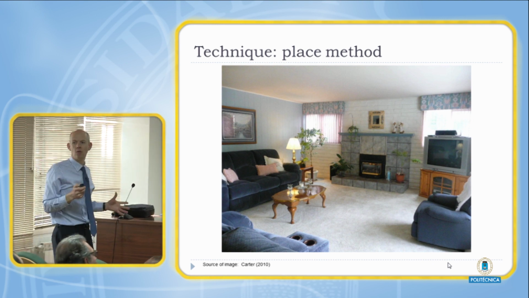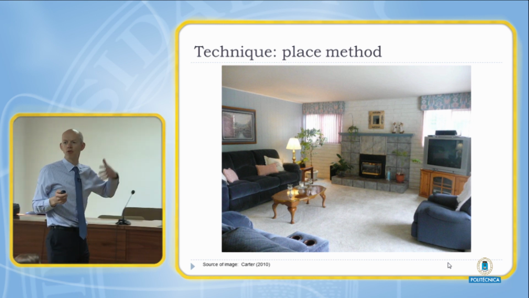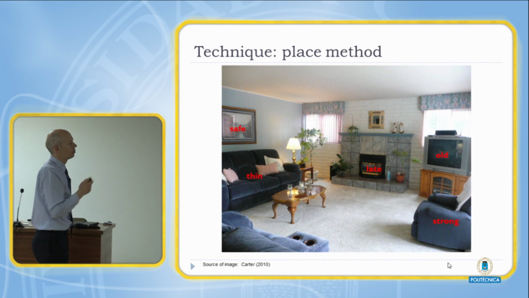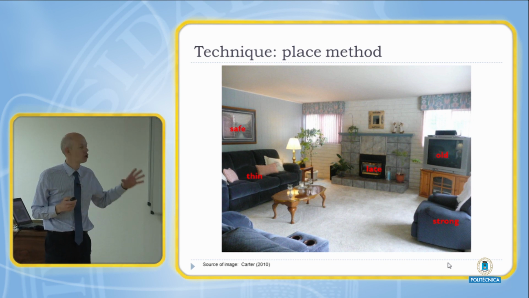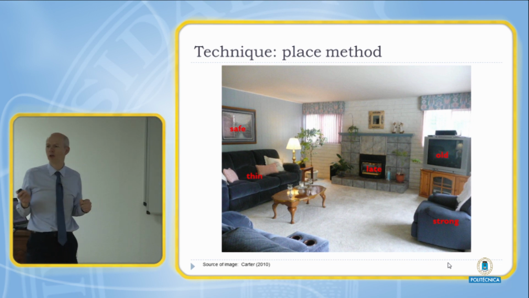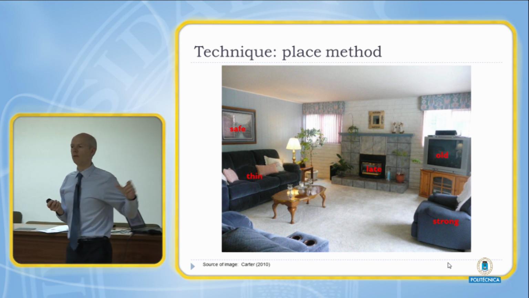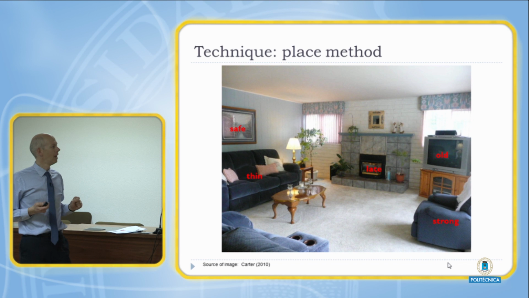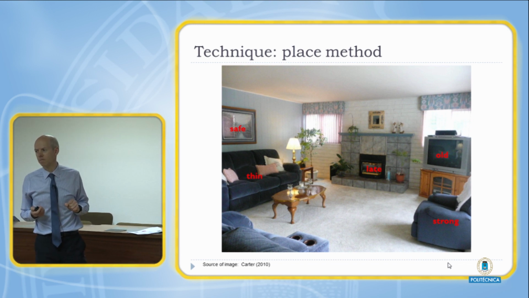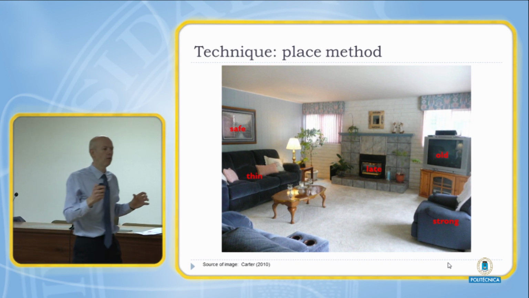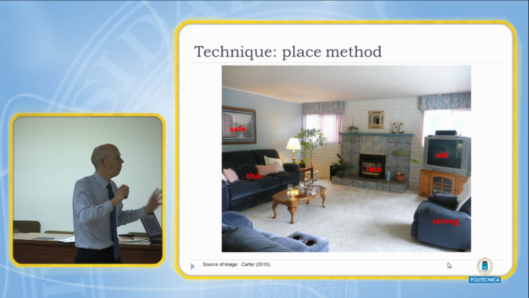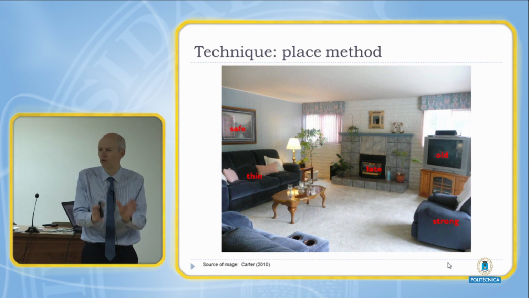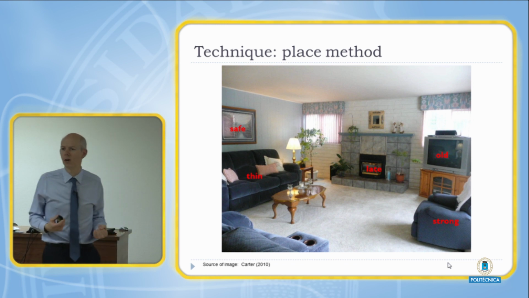So I go into the room and I want to now retrieve those vocabulary items. I have now put the word strong on the chair, the word old on the television, late on the fireplace, thin on the sofa, and safe on the picture. So by walking around the room, I picture in my mind where the items are, I go to the chair and I can see the word strong or whatever the information is.